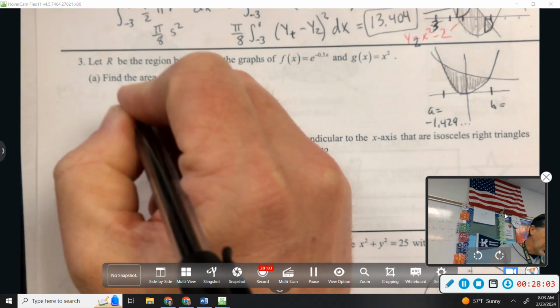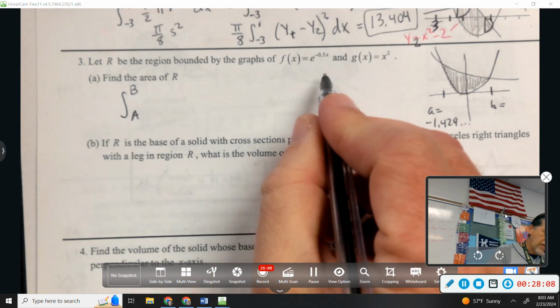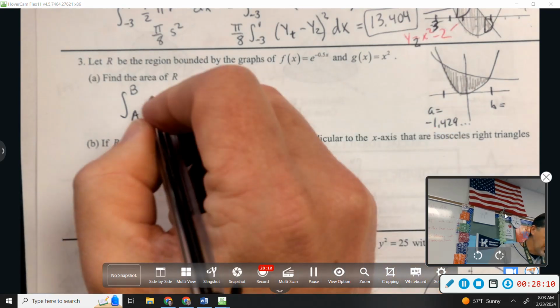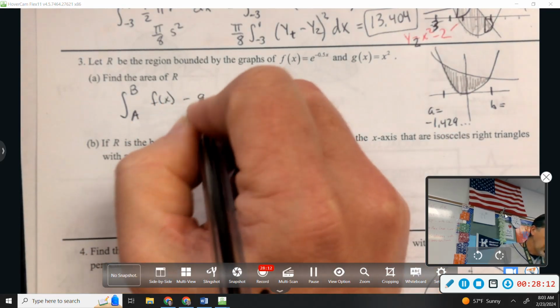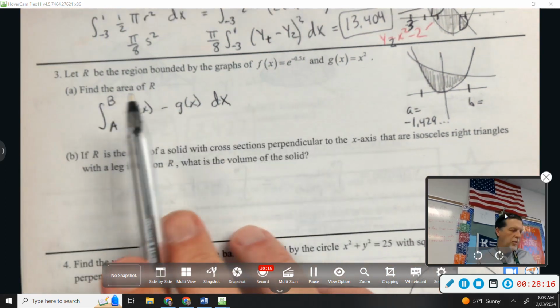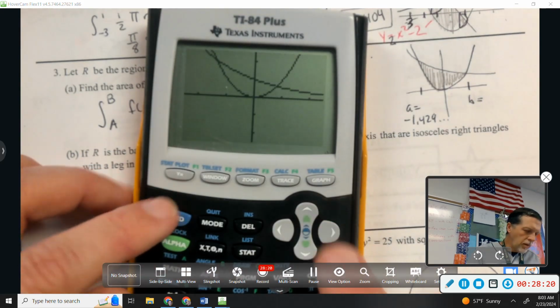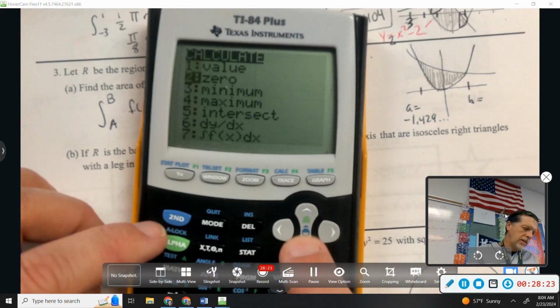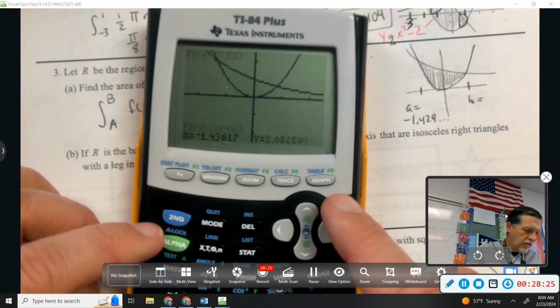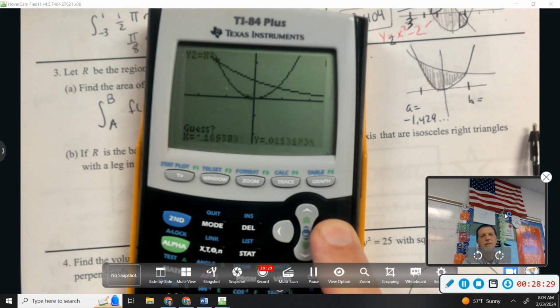I'm going to go from A to B of, let's see, I already know the F is the top equation. So as soon as I know what B is, I'll be ready to plug into that. Back to the graph. Another intersection. First curve, second curve. Got to scroll over and guess the other one.